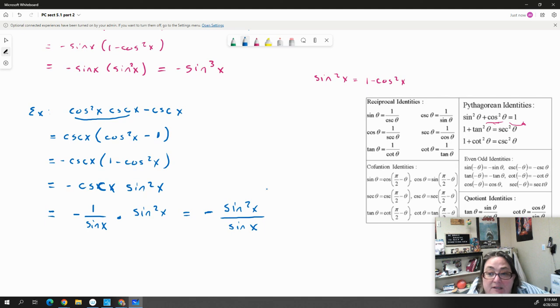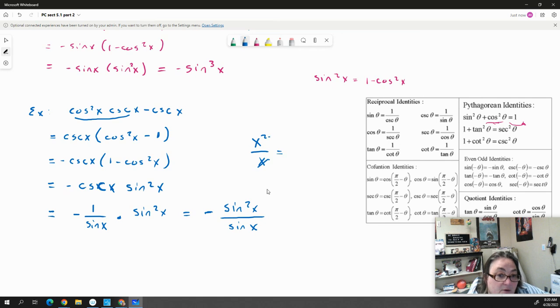Think about this. If I have x squared over x, what does that equal? If I have two x's on top and I have one on the bottom, right?